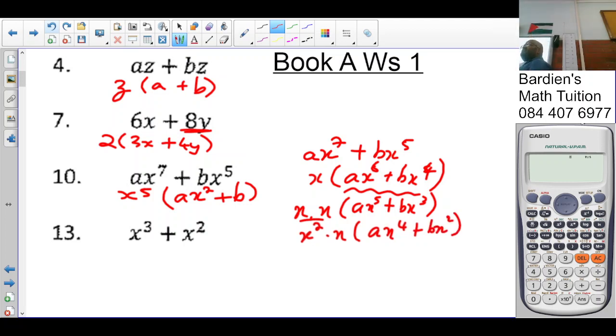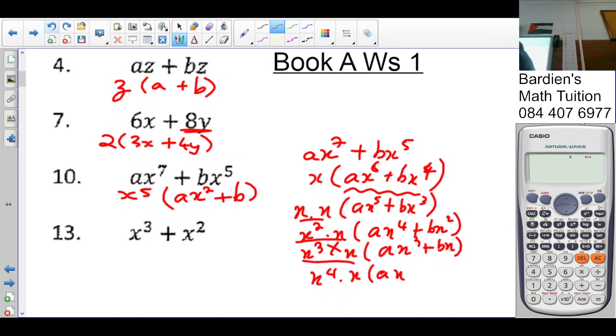You say, hang on. There's another x that's coming out. That gives you x cubed times x into ax3 plus bx. You say, hang on. Another x can come out. That's going to be x4 by x into ax squared plus b, which now gives you x5 into ax squared plus b.